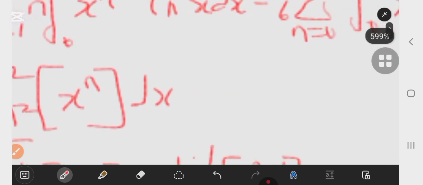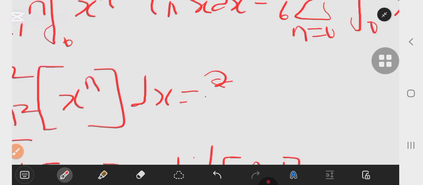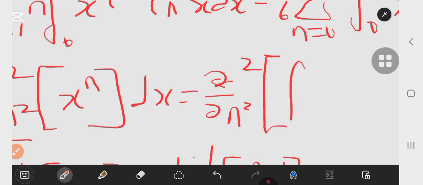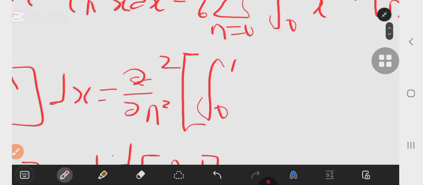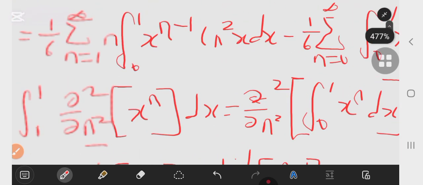So this is now the second derivative multiplying the integral from 0 to 1 of x to the power of n dx. Okay, so this is it.